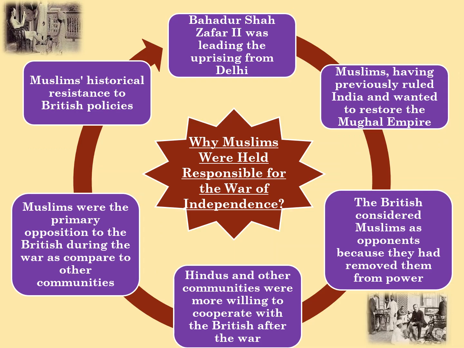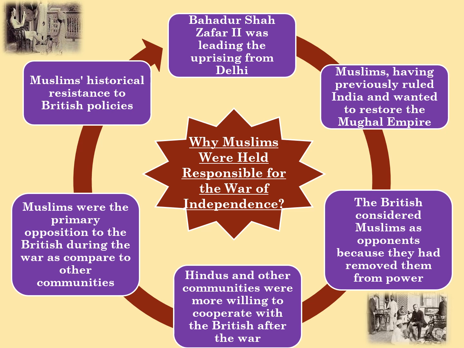Now let's discuss an important question: why were Muslims held responsible for the War of Independence? So now you can write the reasons. The British primarily blamed Muslims for the War of Independence due to key Muslim leaders like Bahadur Shah Zafar II leading the uprising from Delhi.